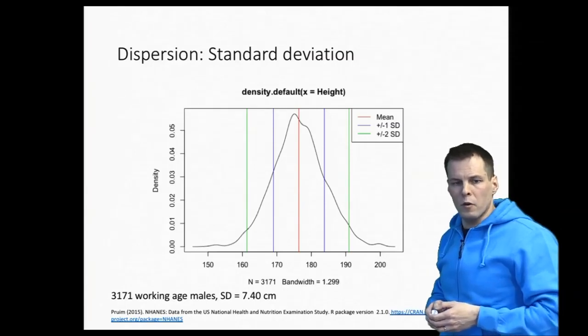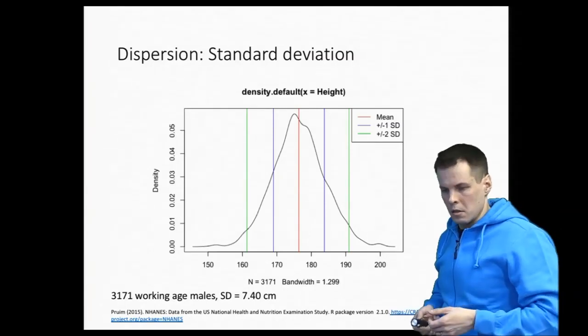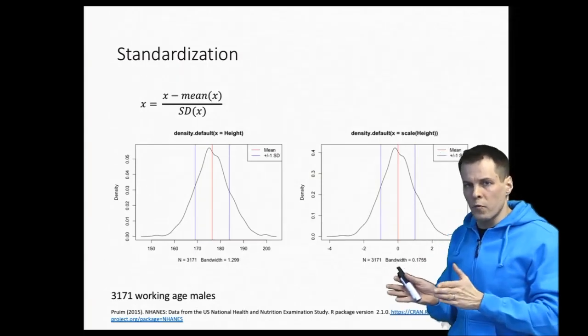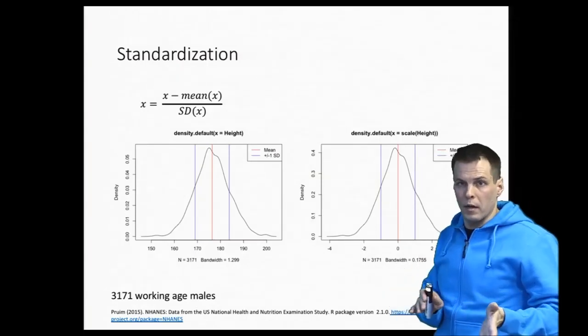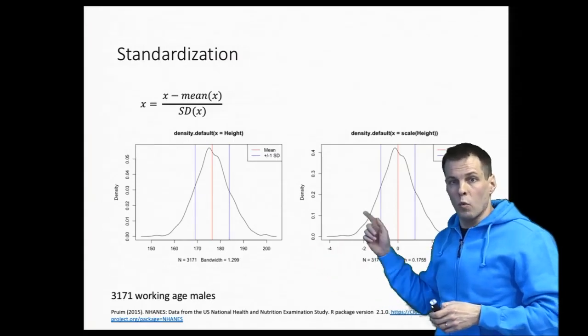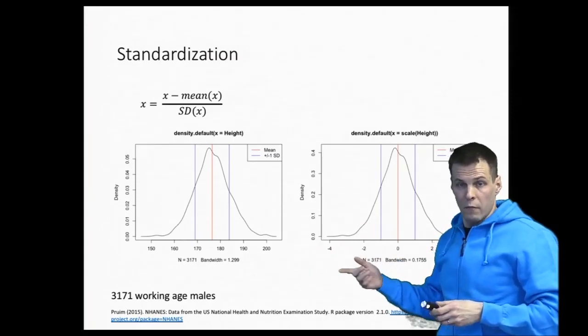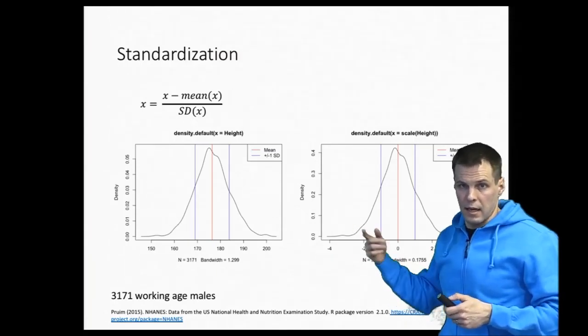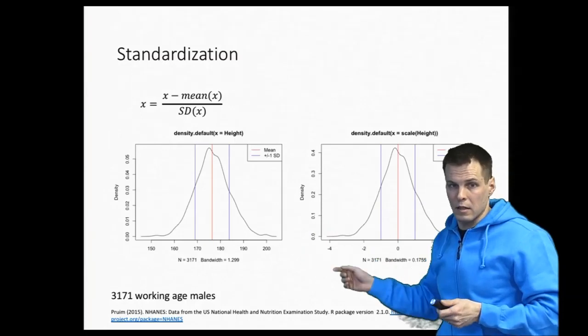Then there's the concept of standardization that is also important. Standardization can be useful and it can be harmful depending on the context. But it's important to understand why we standardize and when. For example, correlation, which I have mentioned before, is a standardized measure, so it applies standardization.